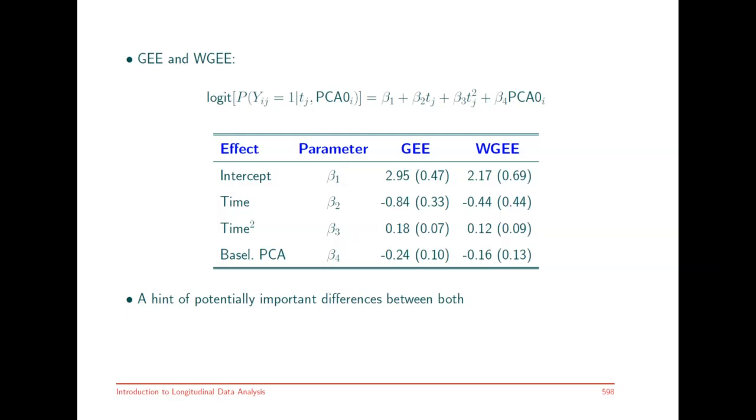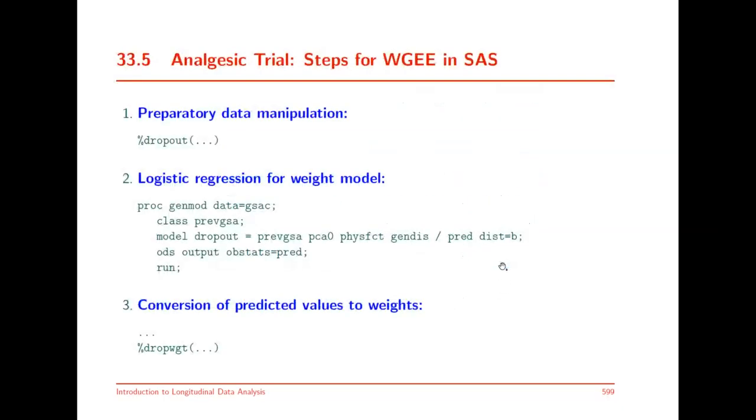But it actually tells us that GEE may come up with spurious, incorrect, significant results. So we may read too much into the data. But of course, it also has to do with the inefficiency of weighted generalized estimating equations.